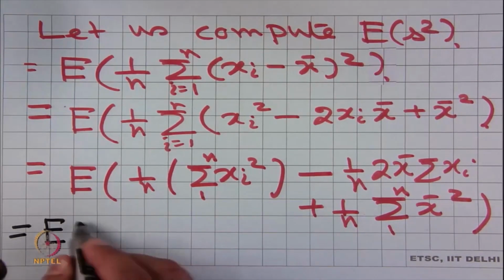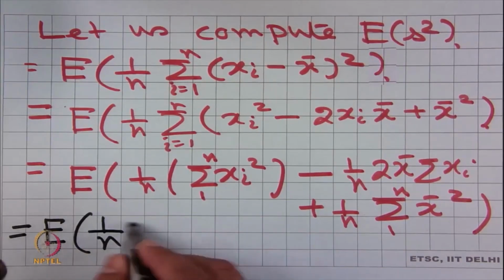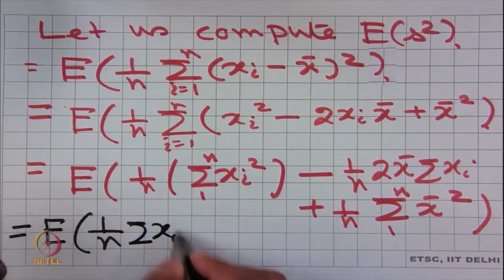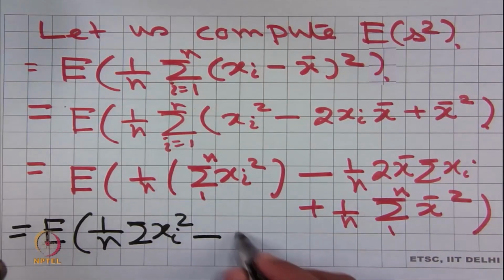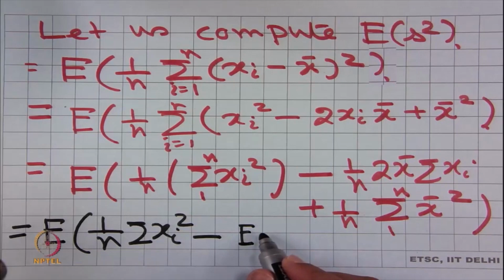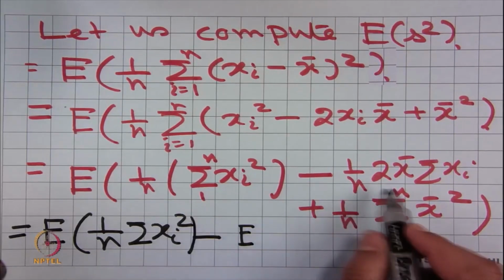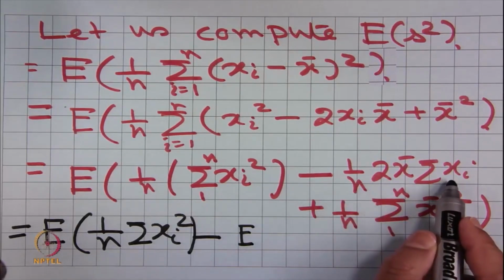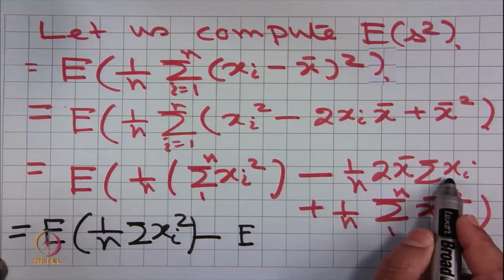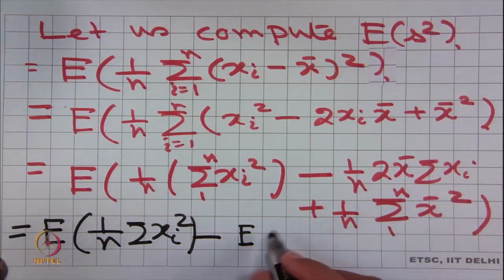So, this is equal to expected value of 1 by n sigma x I square minus expected value of 1 by n sigma x I, which is equal to x bar.